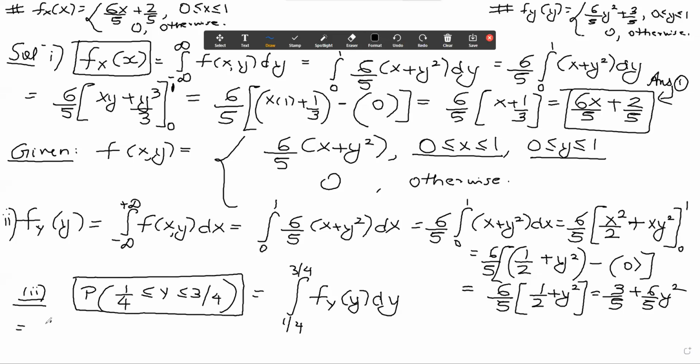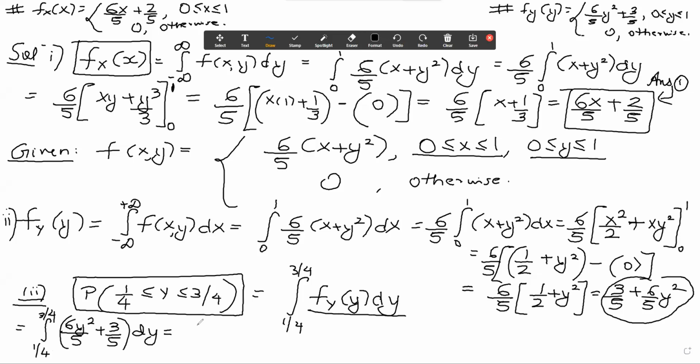So this will be the integral from 1 by 4 to 3 by 4 of 6y square by 5 plus 3 by 5 times dy. So this will be 6 by 5 times y cube by 3 plus 3y by 5, and you will run this from 1/4 to 3/4.